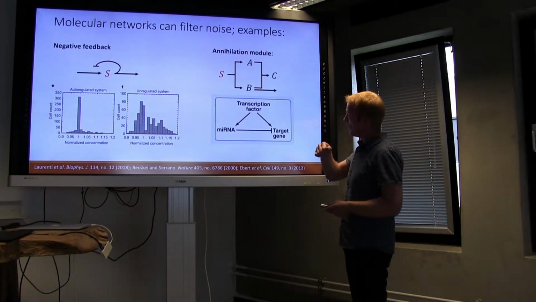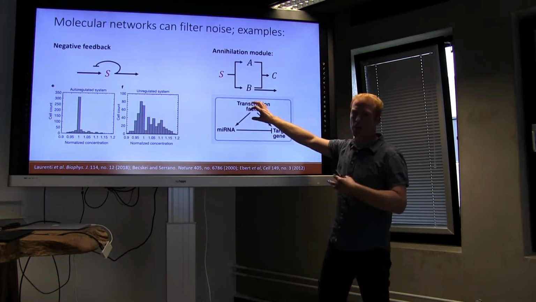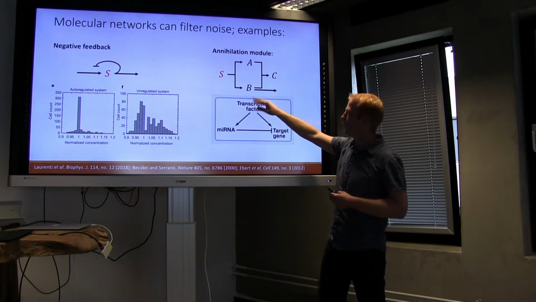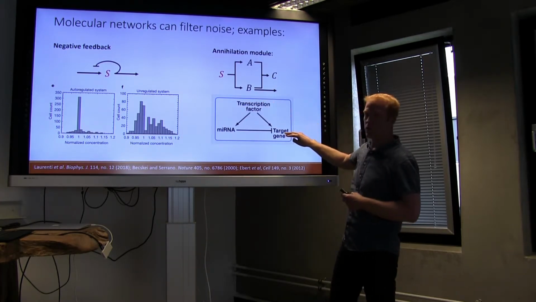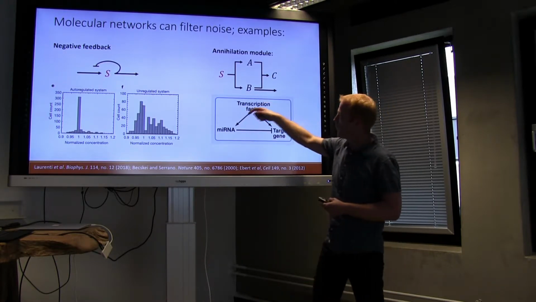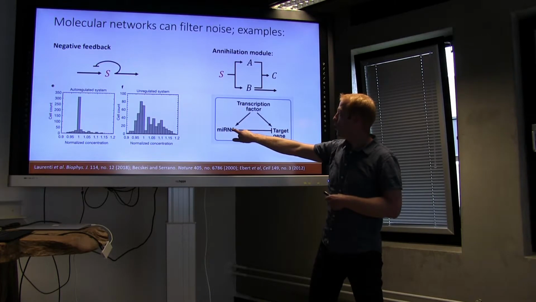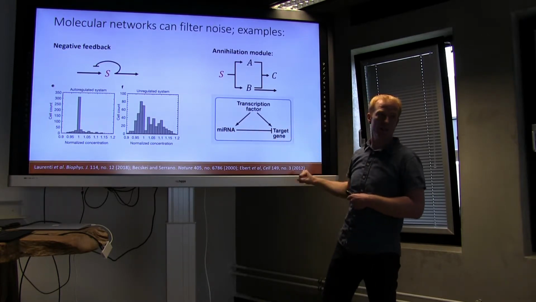And one thing that it could do, for instance, is some transcription factor, some regulatory element in the cell fluctuates, but instead of only regulating the gene that it's supposed to regulate, it also affects a microRNA, which then binds the mRNA of this target gene and degrades it.